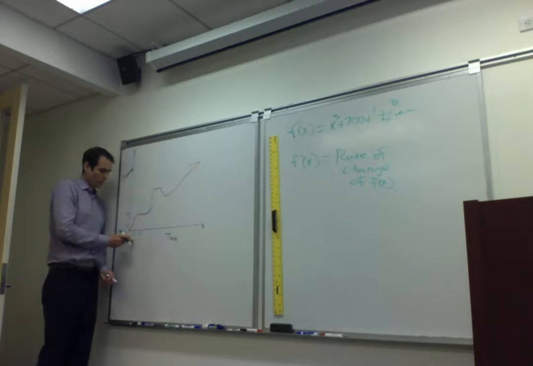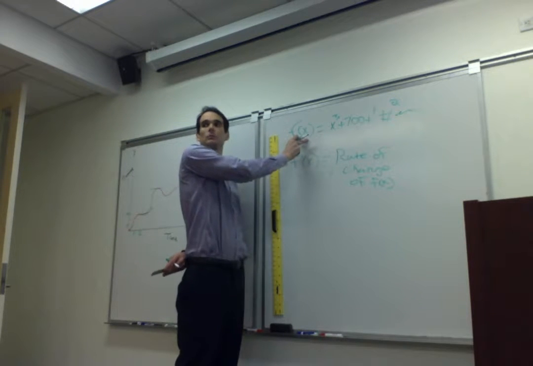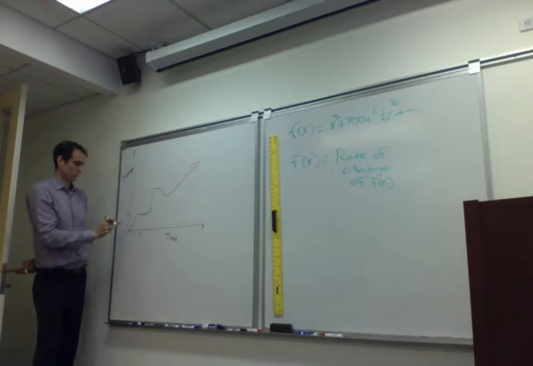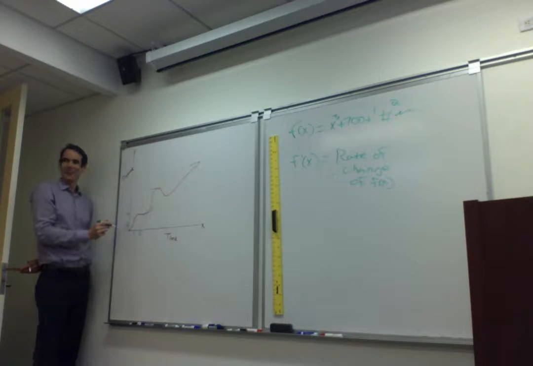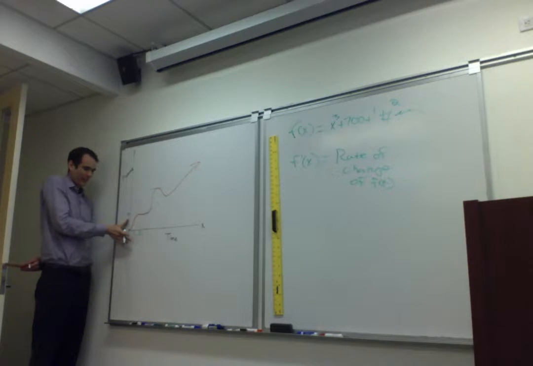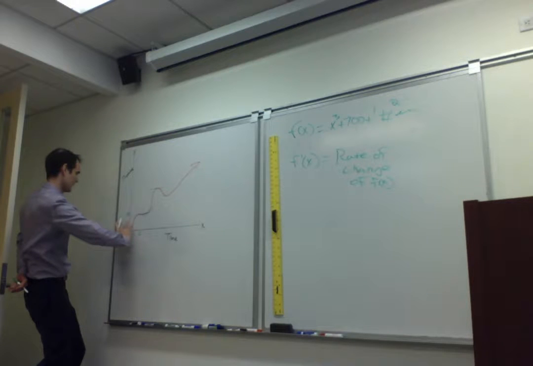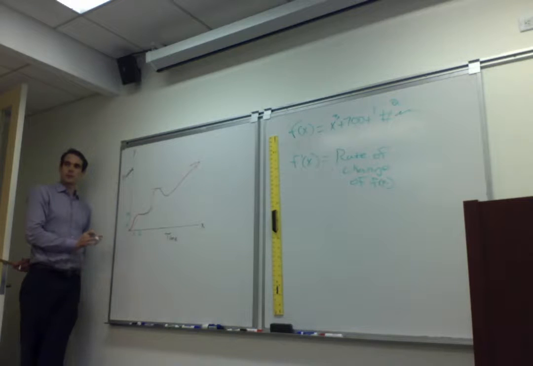So if I were to input 1 into this function, what would it spit out? Five, right? It would spit out 5. This line tells us the function.